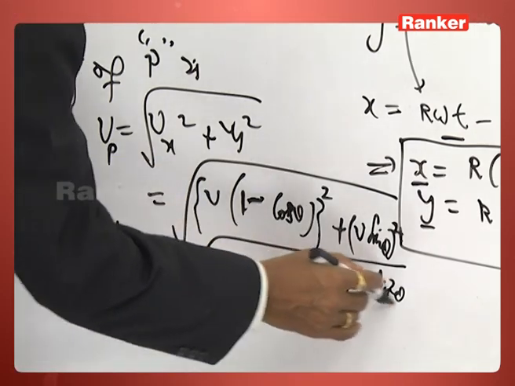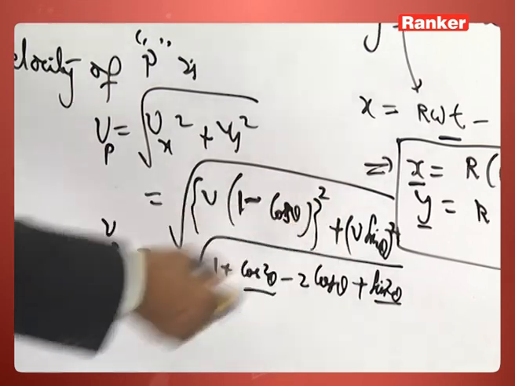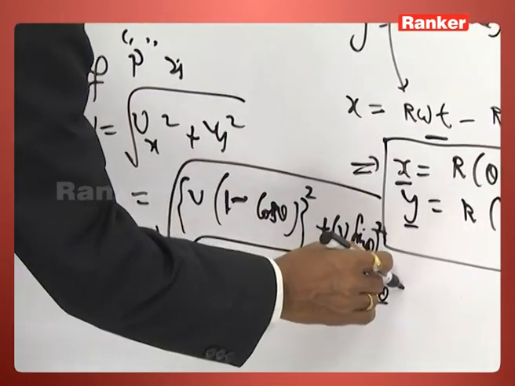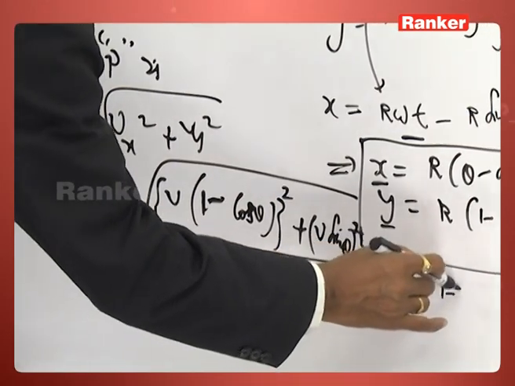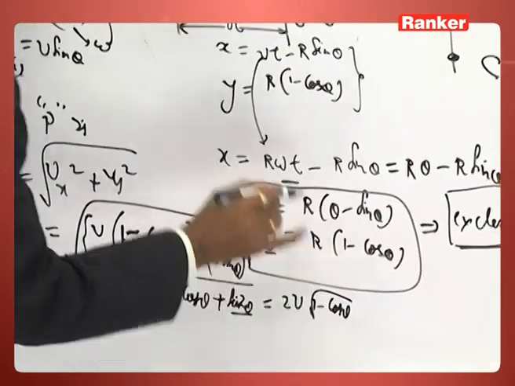Cos square theta plus sin square theta is 1, 1 plus 1 is 2, so 2 minus 2 cos theta, that is equal to v times the square root of 2 into 1 minus cos theta.